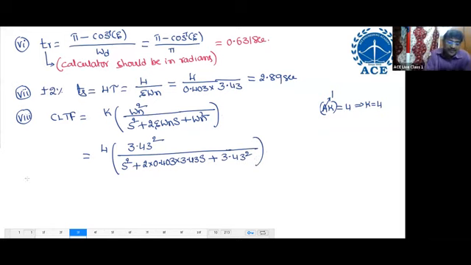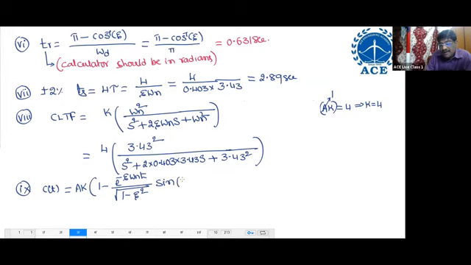Next, the last one, the response. C of t equals AK into 1 minus e power minus zeta omega n t divided by root of 1 minus zeta square, sine of omega d t plus cos inverse of zeta.